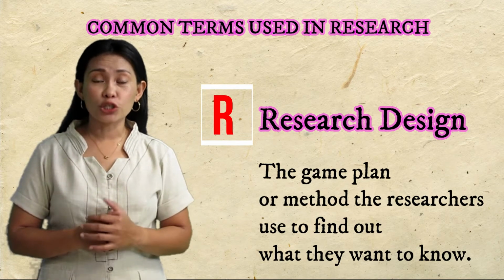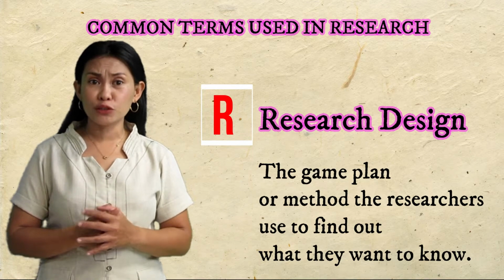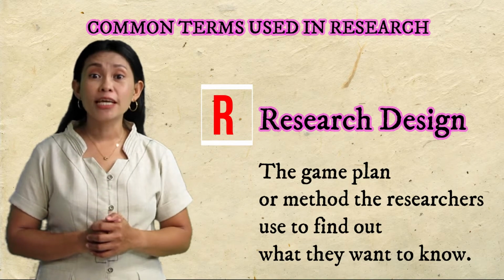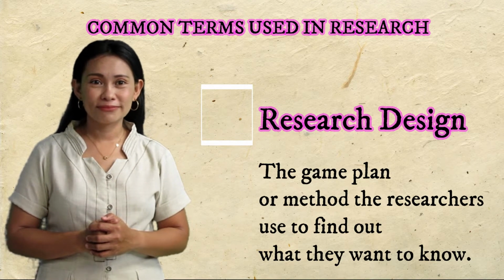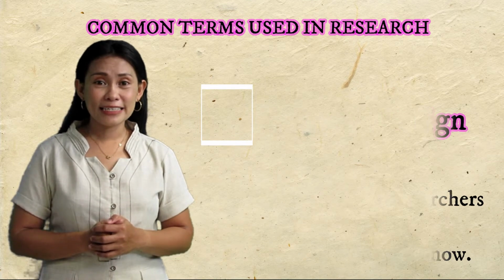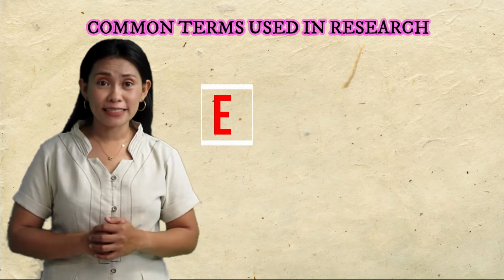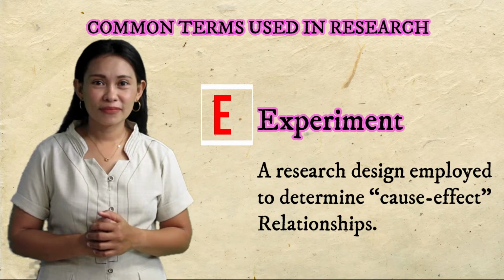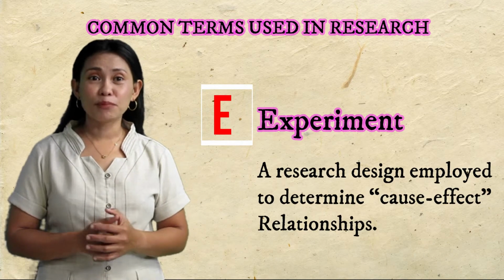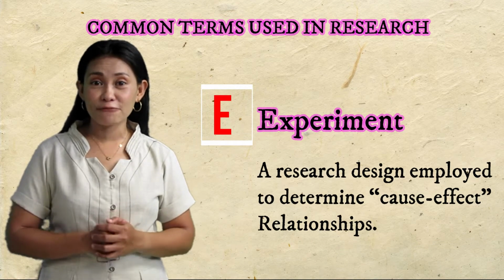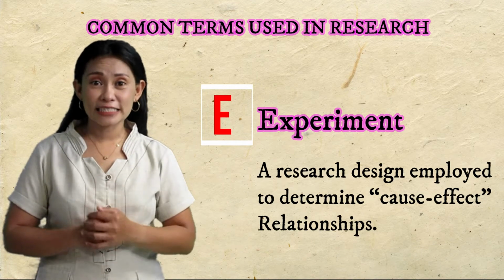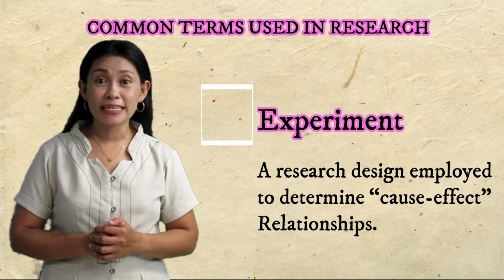This is the overall strategy that the researcher will use as he performs his research. Next is letter E, or experiment. A research design employed to determine cause-effect relationship. And this is what we have in experiment in research.